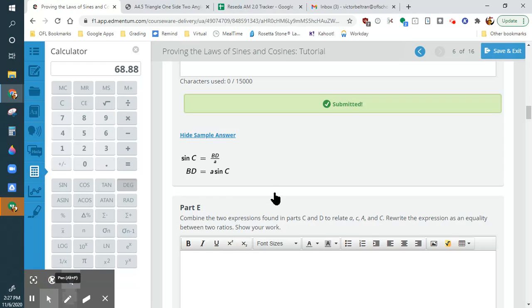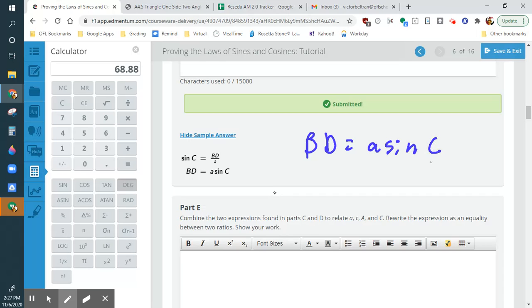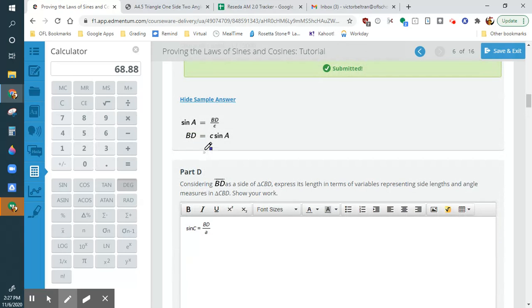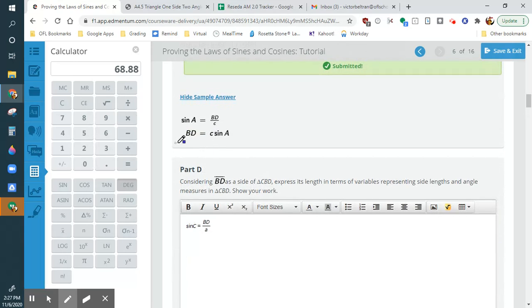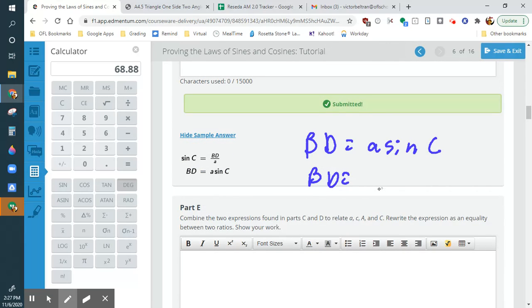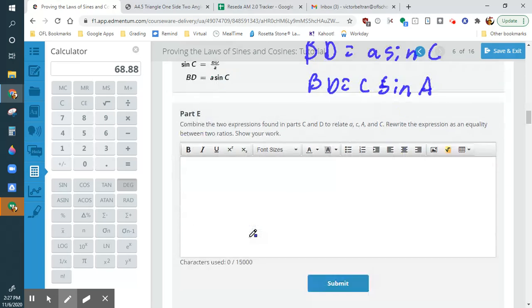So we have two variables here. We have BD equals a sine of C. And we also have this, BD equals, we can go back up here to do it, c sine of A. So I'm going to set these two equal to each other.